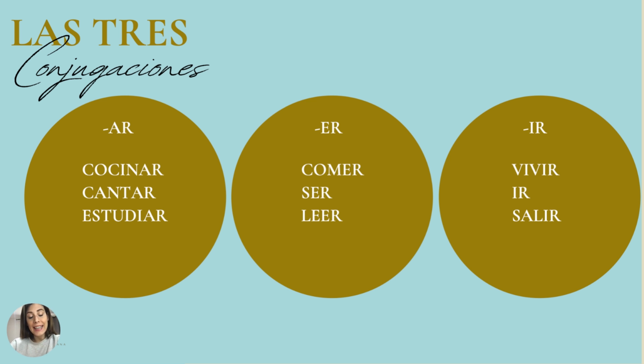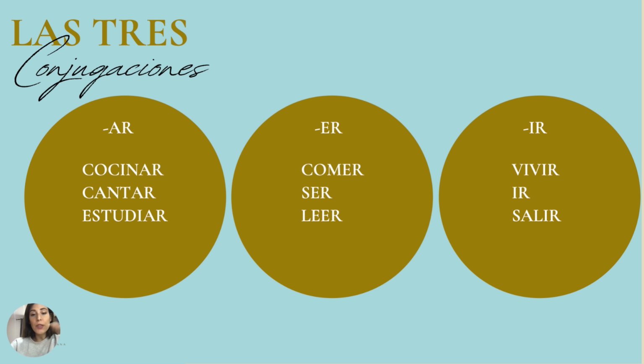Comer, ser y leer. Ejemplos. Ir, vivir, ir y salir. See? So, this is important that you remember, knowing the endings will help you conjugate because we conjugate depending on the ending. See, it's what we will see now.